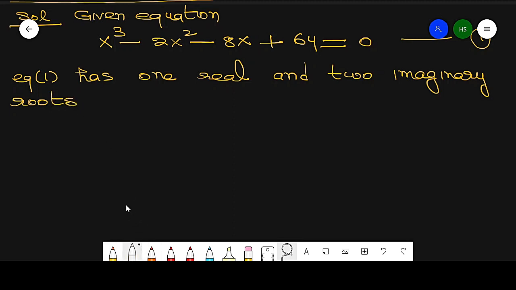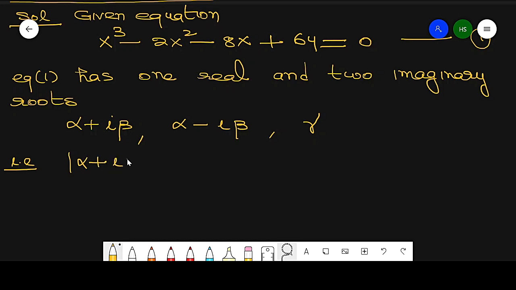So what does it mean? Then it means one root is alpha plus iota beta, second is alpha minus iota beta, and third is say gamma. As per the given condition, the modulus of this and the modulus of this are equal.